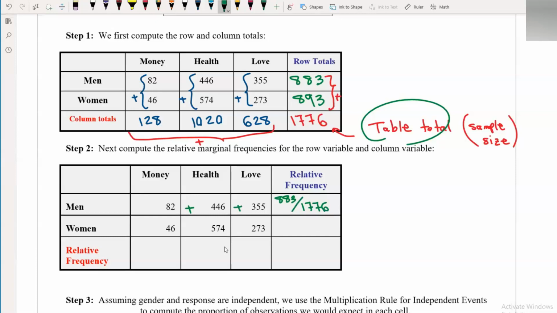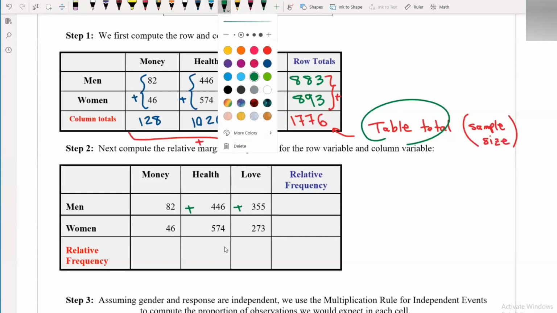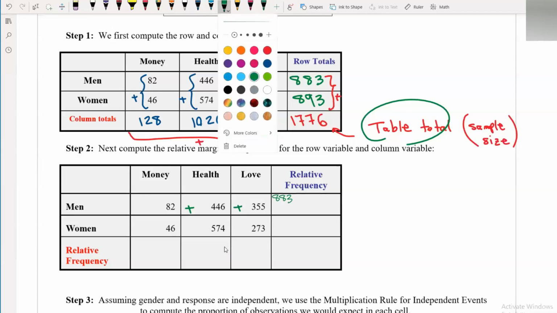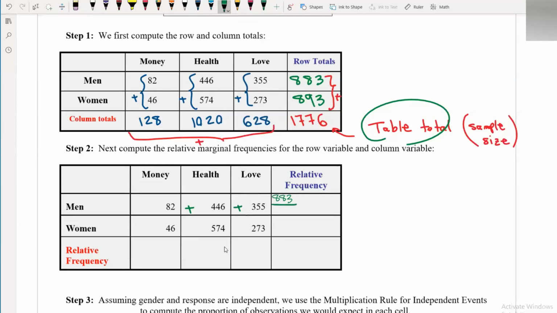I'm going to round to 4 decimal places. So this one is 0.4972.